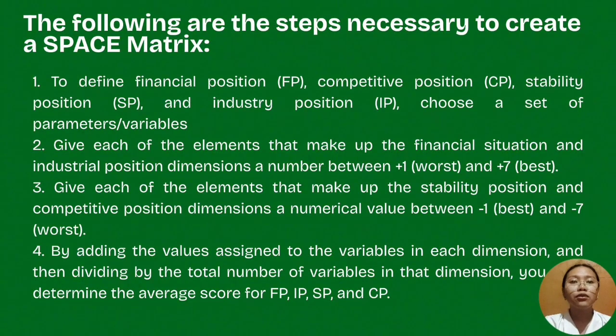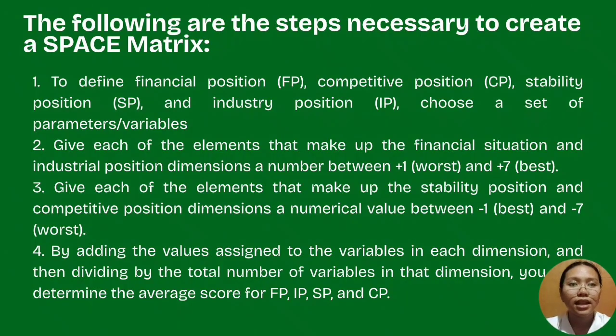So una is to magpili ka sang variables and then identify the factors that will be used to measure the 4 dimensions, which is the financial position or FP, competitive position or CP, stability position or SP, and then industry position or IP. And then second is to give scores to FP and IP. So i-rate nimo ang each FP and IP factor from positive 1 to positive 7.